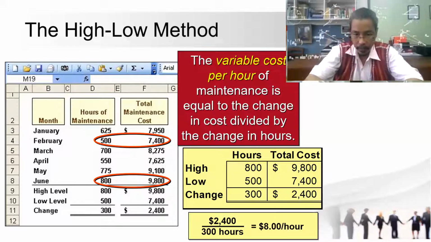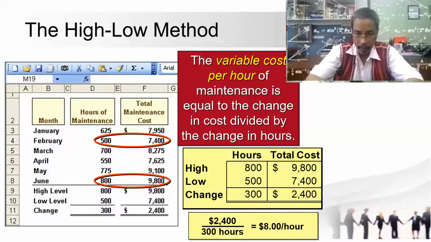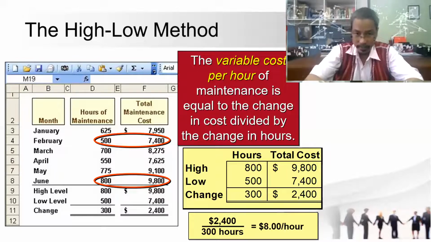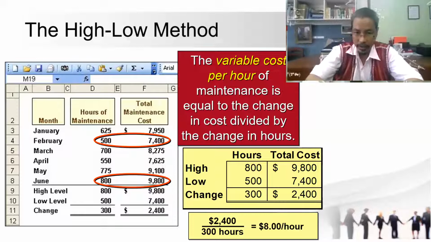Therefore, if 800 is the high and low is 500, the change is 300. So 800 minus 500 is 300. That is the change. What about for the cost?